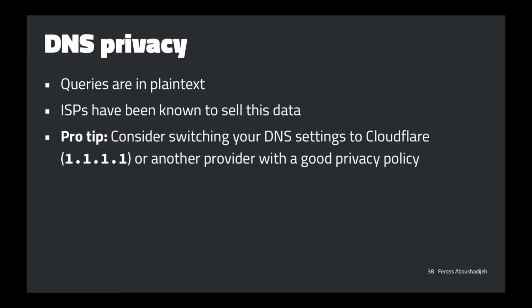And these internet service providers have been known to sell these lists. So they'll say this internet subscriber frequents these domains, and that's obviously not something you'd expect a company you're paying to be doing, but this is possible because of the way the protocol is designed and the fact that those queries are in plain text.